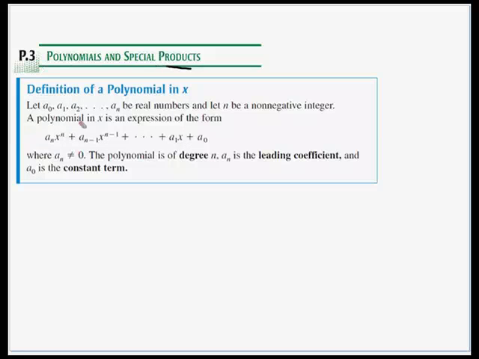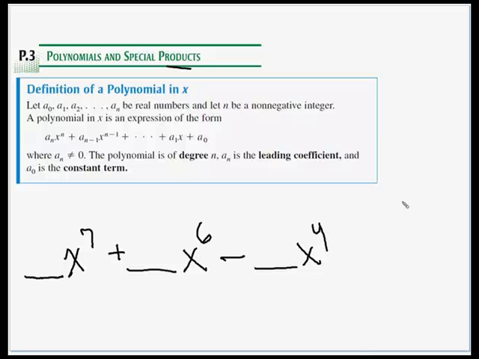So when you look at this, all these a sub number, a sub n, x to some n power, that looks kind of confusing. The big idea is you're going to have some number, and let's just say your first coefficient or your first variable is x to the 7th. And then you might have plus some number x to the 6th. And then minus some number x to the 4th.